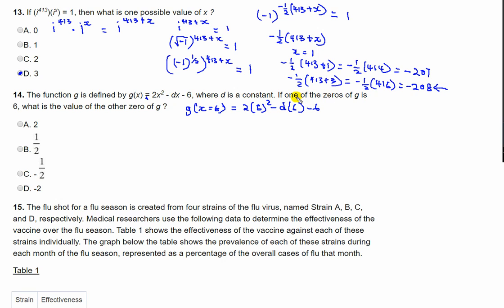And if one zero is 6, that means this becomes 0 when x goes to 6.